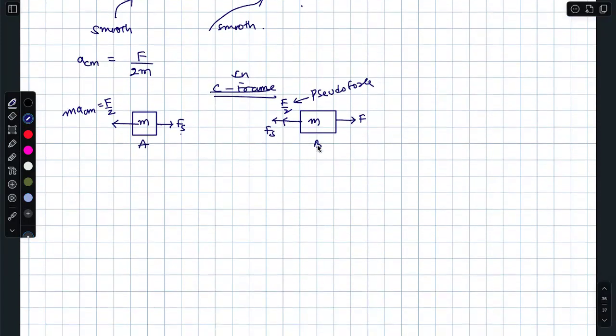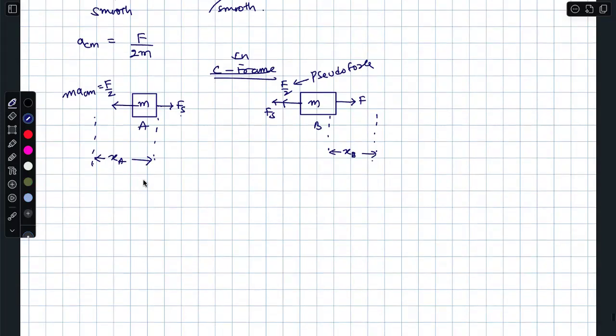Now I am assuming it has undergone a displacement xB, and this has undergone a displacement xA. Remember here, Fs is an internal force in the C frame.